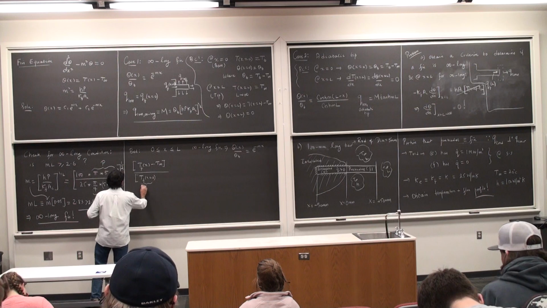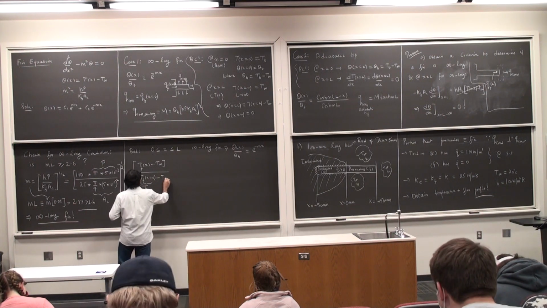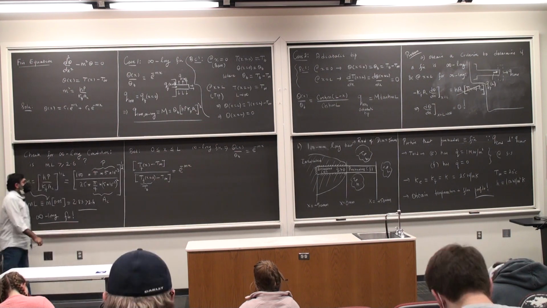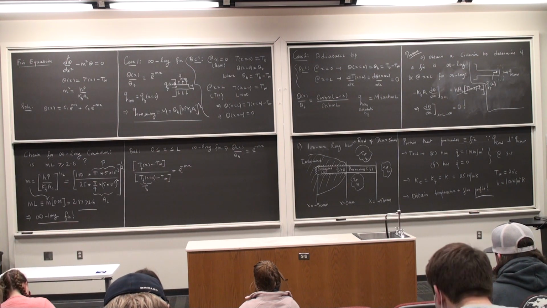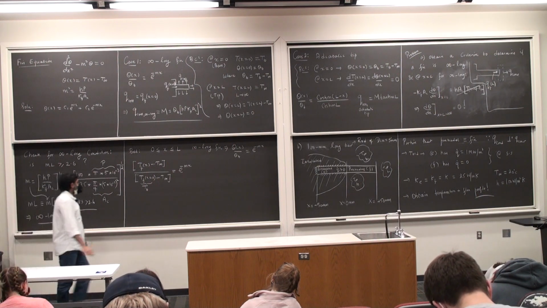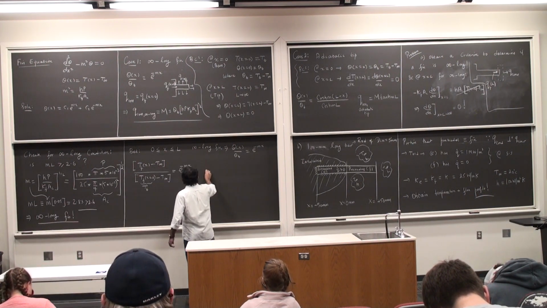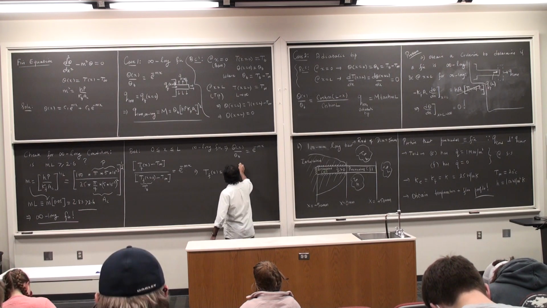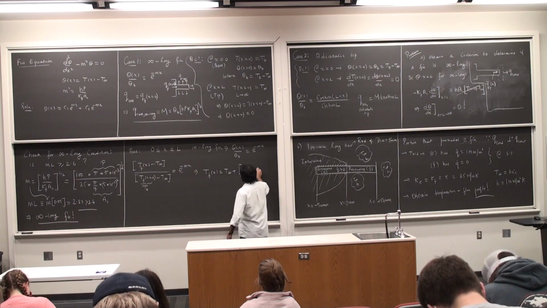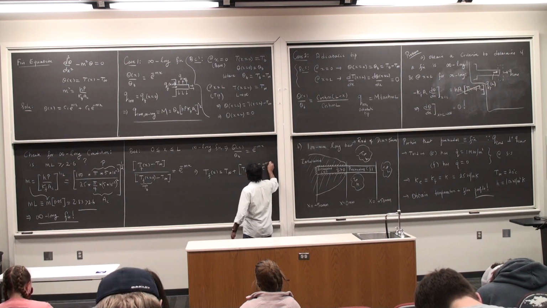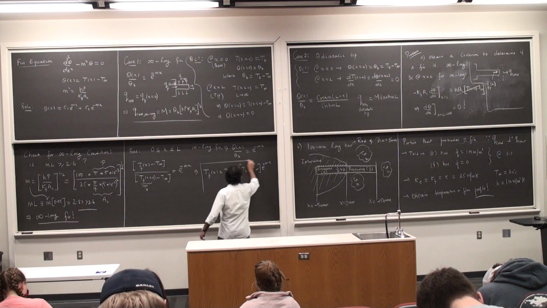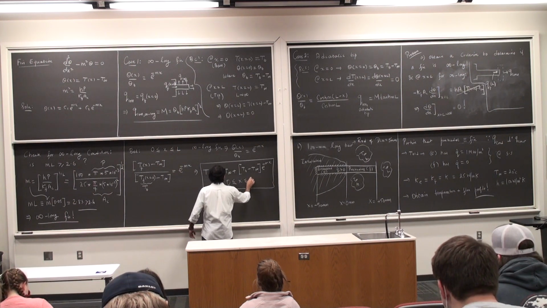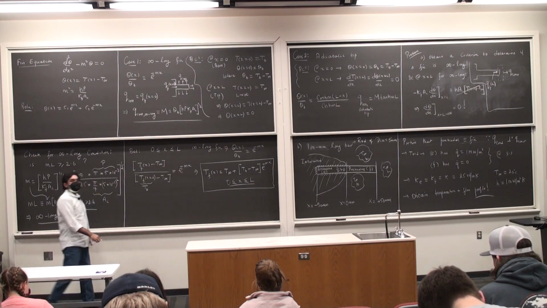So T suffix b minus T infinity is e to the power minus mx, or Tf as a function of x is T infinity plus (T base minus T infinity) e to the power minus mx. This is for this particular range of x values.